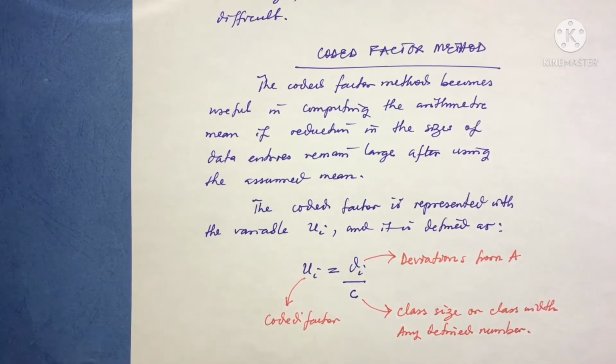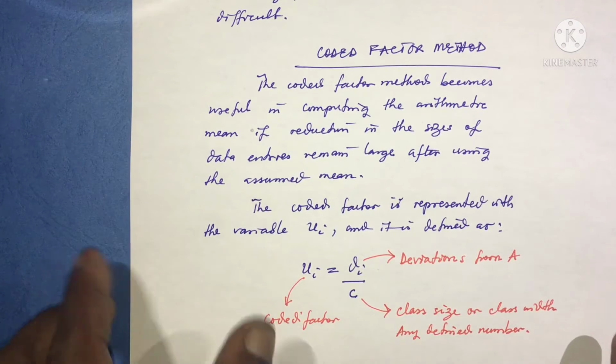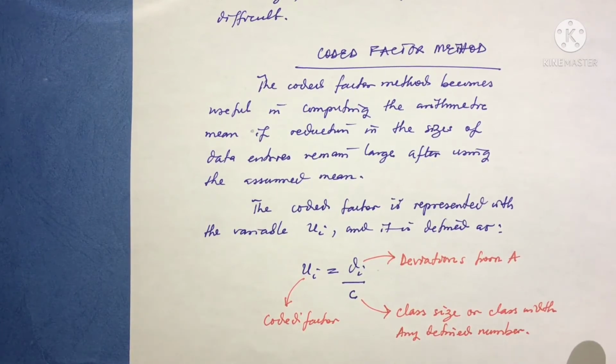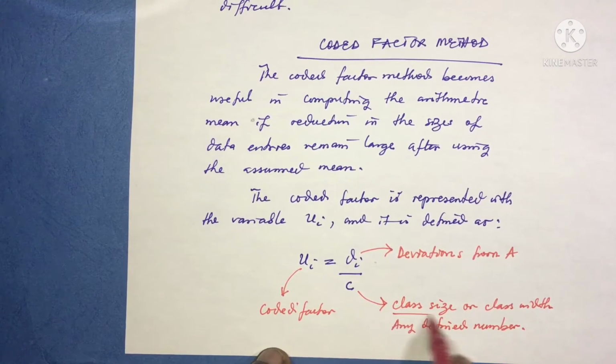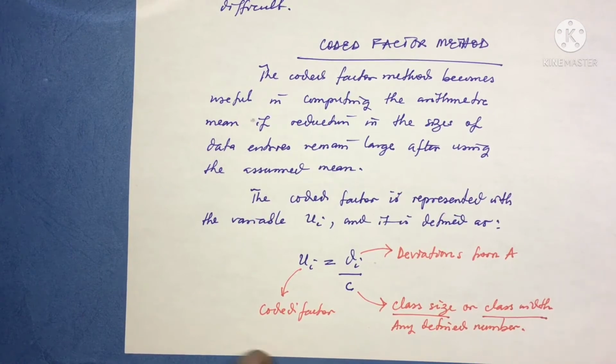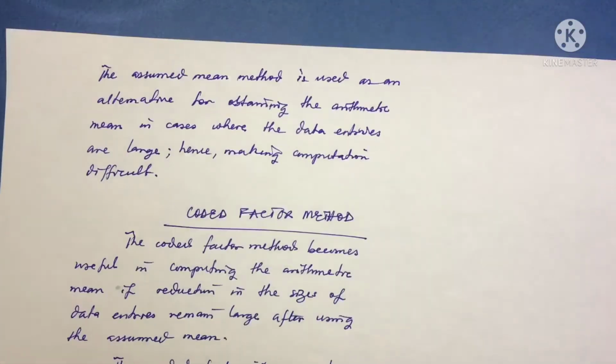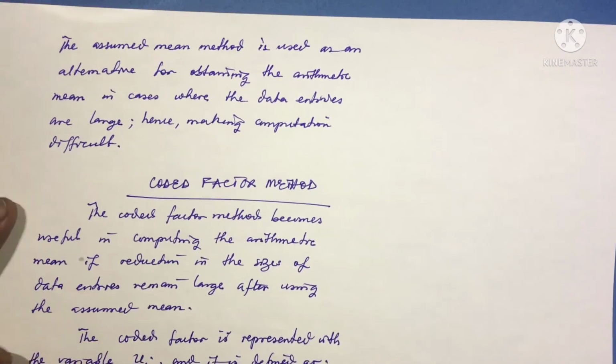So your C would be any defined number if we are talking about an ungroup frequency distribution. But if it is for a group frequency distribution, it will bear the name class size or class width.